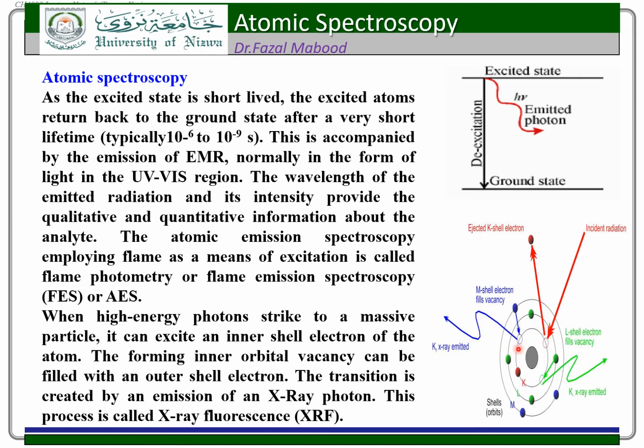In order to fill this vacancy, the outer shell electron comes here. Because there is an energy gap between the two energy levels, this extra energy is emitted in the form of X-rays. And in X-ray spectroscopy, we are measuring the emitted X-ray radiation.